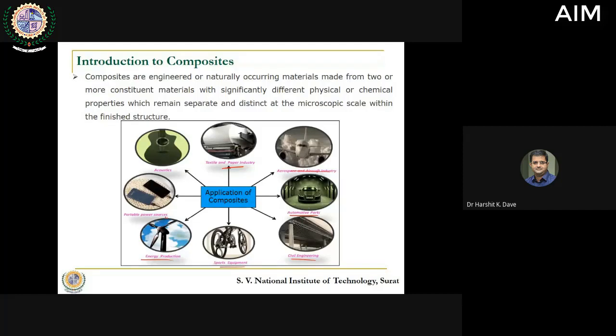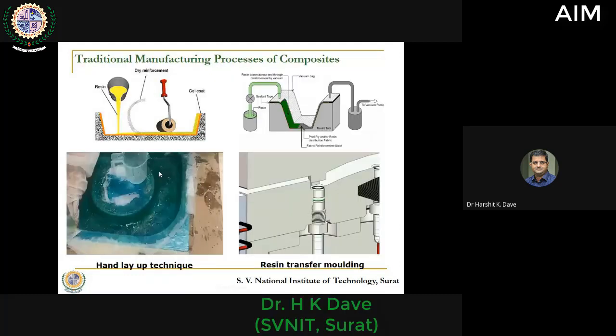Portable power sources are also made with composite materials. The body of acoustic devices like guitars are also nowadays made from composites instead of wood and timber. So there is a diverse field of applications where composites have replaced the traditional materials being used.